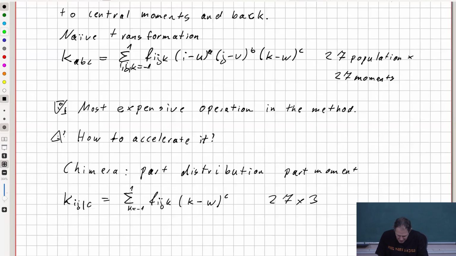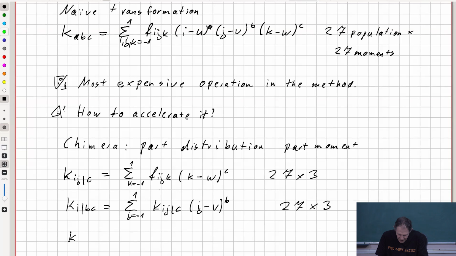Now, very trivially, you just go on and do this for the y direction, where we sum over j equal to minus 1 to 1. We take what we just computed, K_ijc, times (j minus v) to the power of b. Again, we do this 27 times 3.